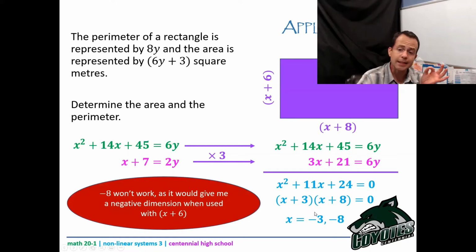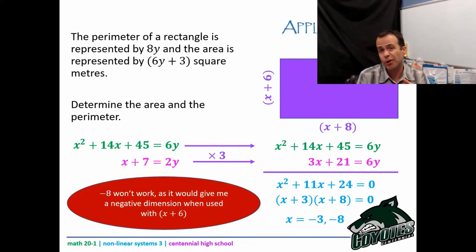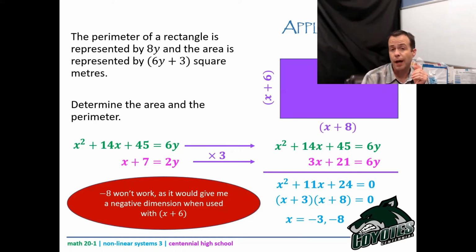Okay, so I need to see both of these solutions because I need to know you understand there are two solutions. That's part of the problem. And then part of your solution has to be that you also know whether both of those are viable in the meaningful context that you were given. So don't just in your head say, oh, negative 8 is not going to work, so I'm just going to say negative 3.